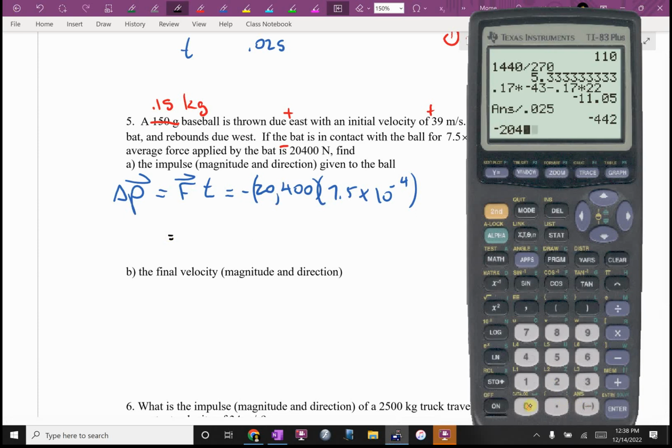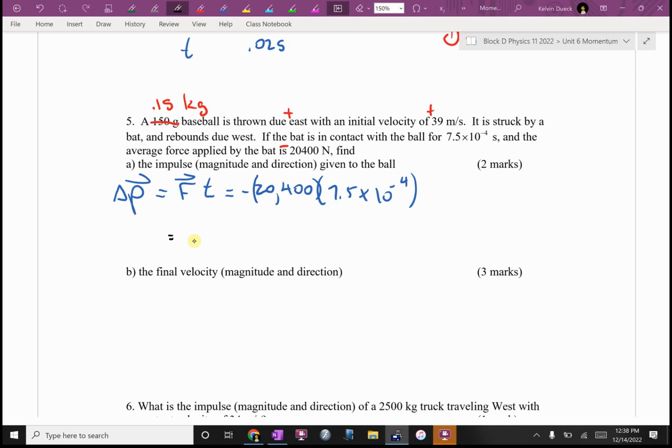Negative 20,400 times 7.5 times 10 to the negative 4. I got negative 15.3, which if I report that is going to be 15.3 units.